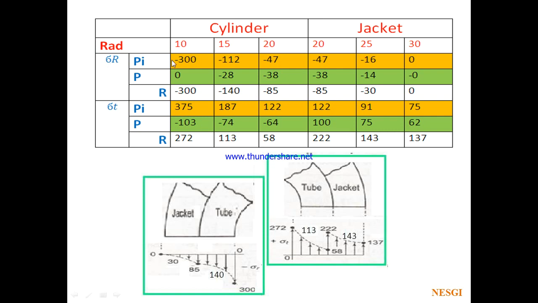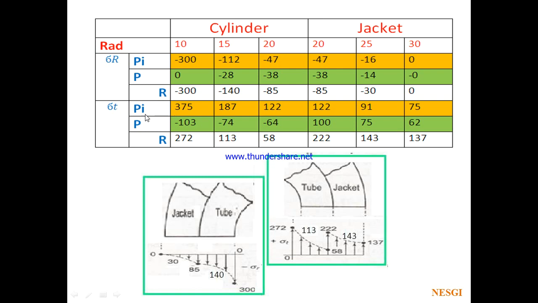This line indicates the stress because of internal pressure, and this stress is because of the shrinkage pressure. Make addition of both, and this is the resultant radial stress. So 300 minus 300 plus 0 is minus 300, minus 112 plus minus 28 means it is minus 140, and so on. So these are the resultant radial stresses, and similarly the tangential stress.